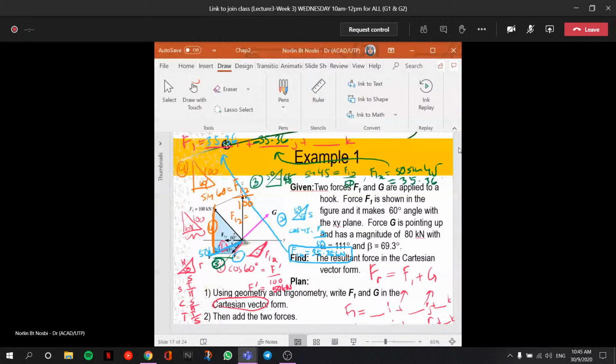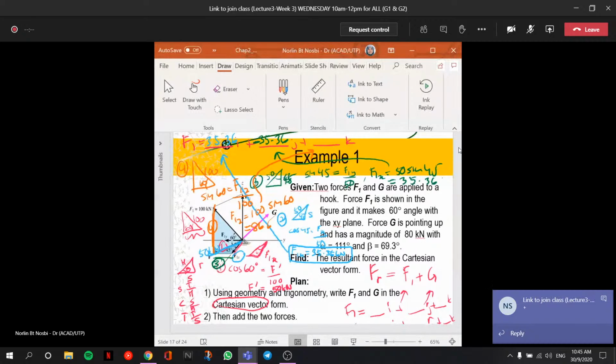Then you will get the value 86.6. So this value you should put at this part here. 86.6. Is it positive or negative? For Z, yeah, it is positive.